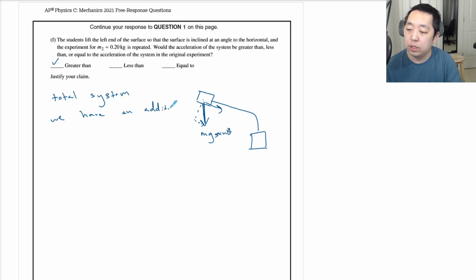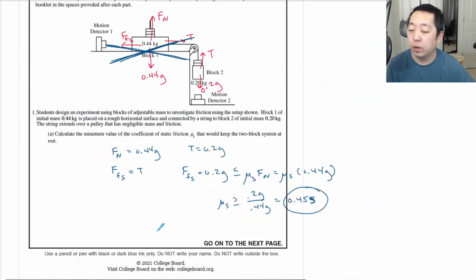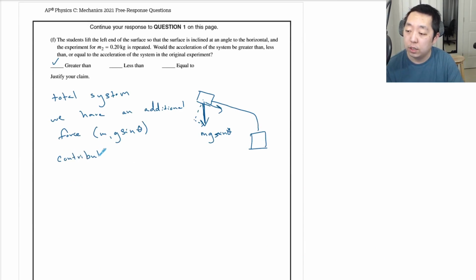Additional force. Which block is it? I get confused on which block it is. M1 is on the left there. M1 g sine theta contributes to the net force in the direction of acceleration.